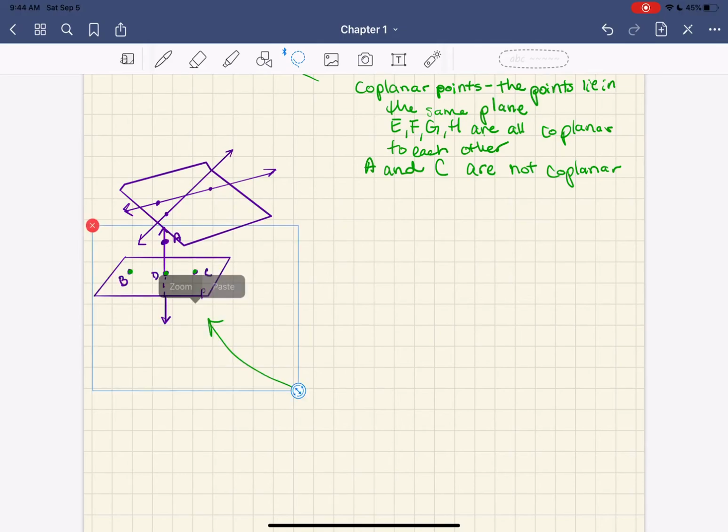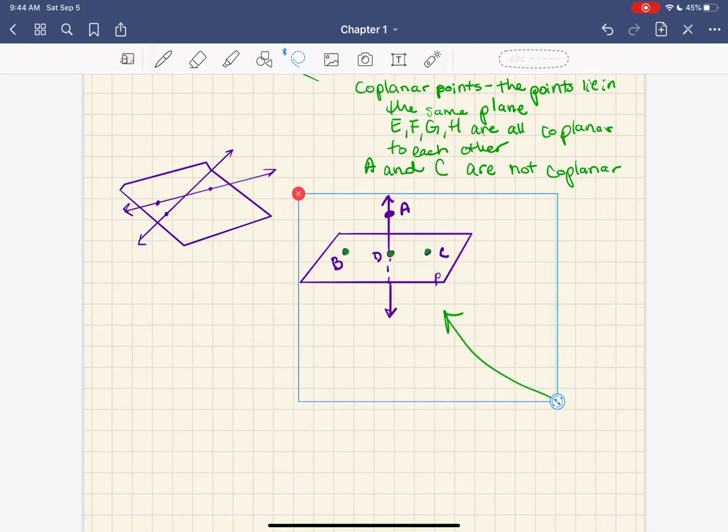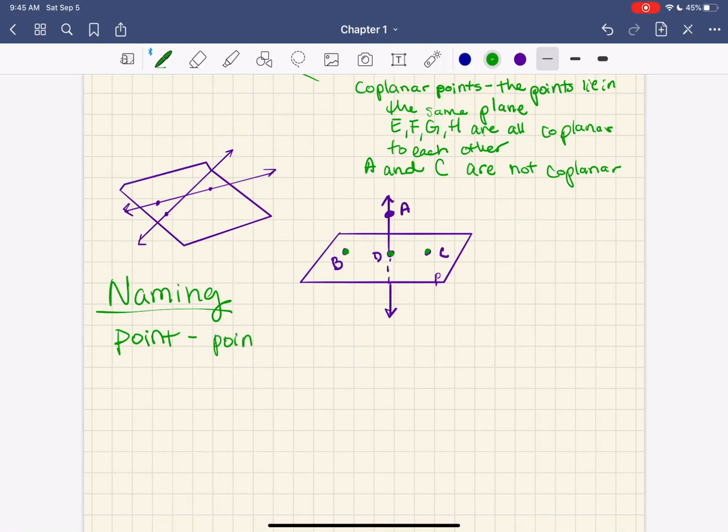You can just leave it up there in your notes, but I'm bringing it down here, and we're going to talk about naming. When you are naming a point, you just say point A, or you could just call it A.